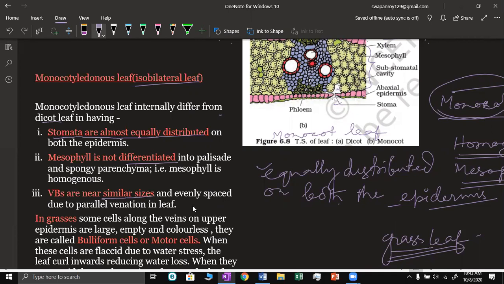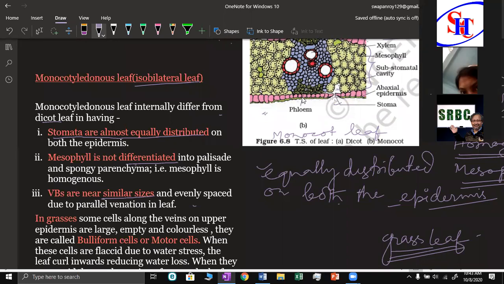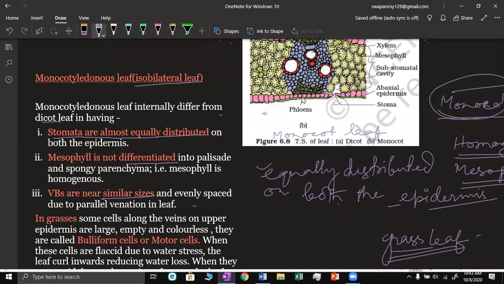Another point is that in monocot leaf the venation is parallel, and in parallel venation, all the veins which run parallel from the leaf base to the leaf tip are almost of similar thickness. So the vascular bundles in the monocot leaf are almost of equal size.